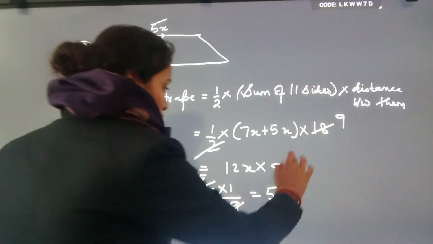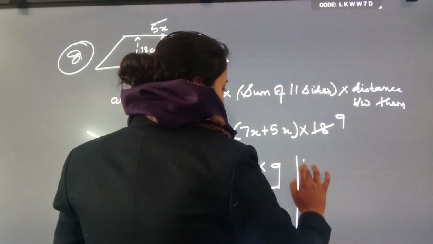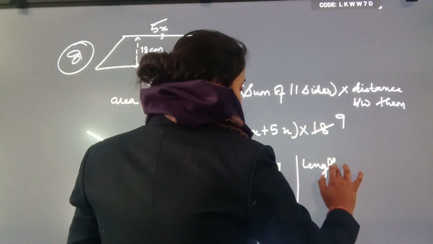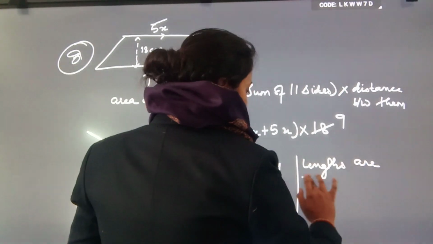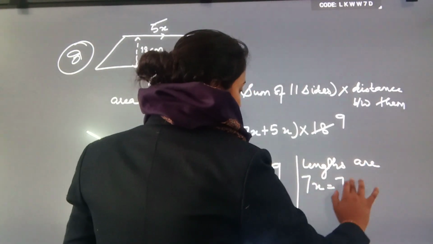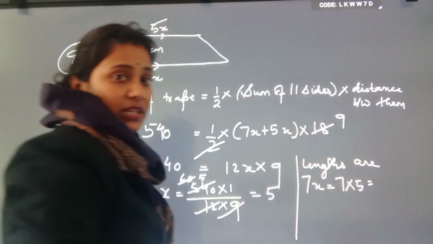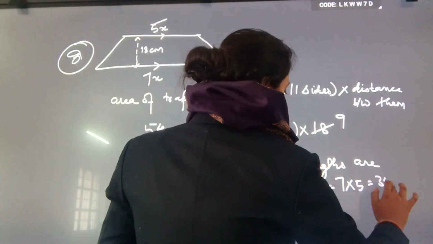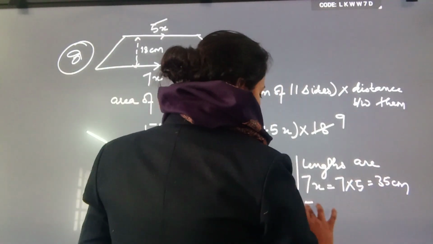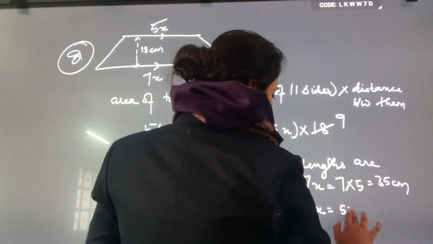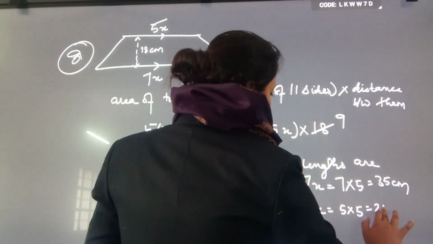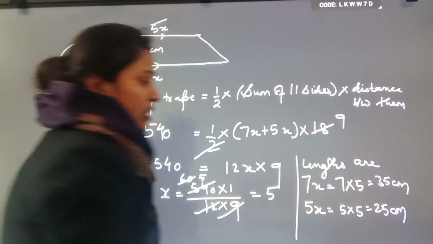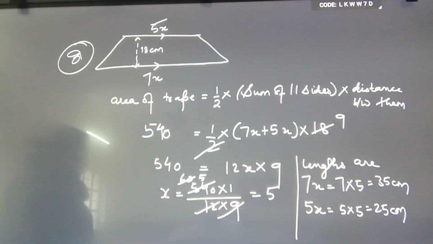Therefore, what is the length of the parallel sides? One side was 7x, so this will give you 7 into 5, which is 35 centimeter, and the other one is 5x. This will give you 25 centimeter. So these are the two parallel sides.